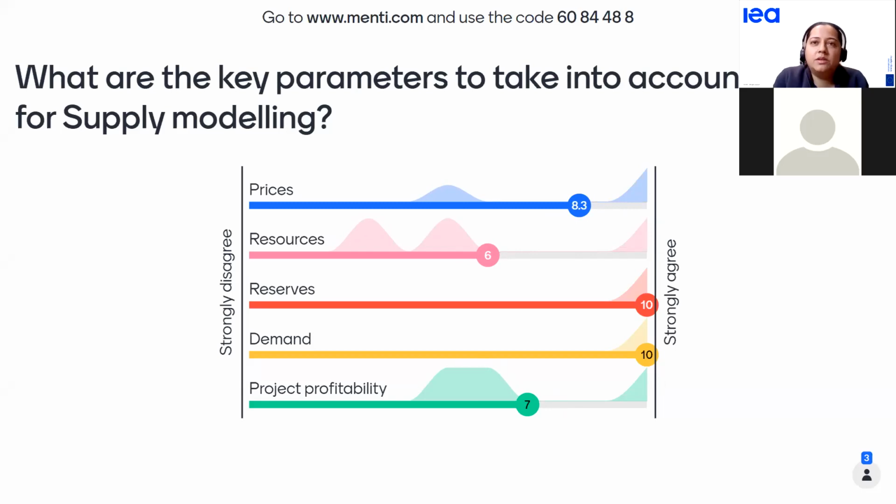When you do supply modeling, which parameters do you need to take into account? There's no fully right answer, but there are some parameters which are very important.